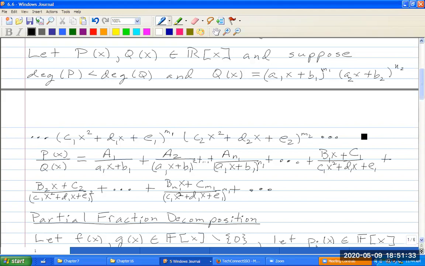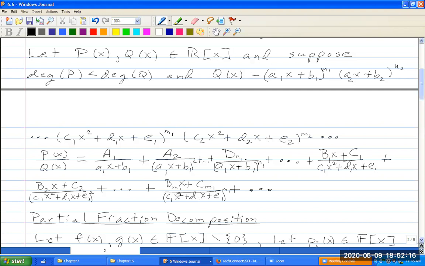Then P of x over Q of x is equal to a constant, A1 over (a1x plus b1), plus a constant A2 over (a1x plus b1) squared, dot, dot, dot, all things of that form, plus A sub n1, I should have called it something different, let's call it A sub n1, over (a1x plus b1) to the n1.